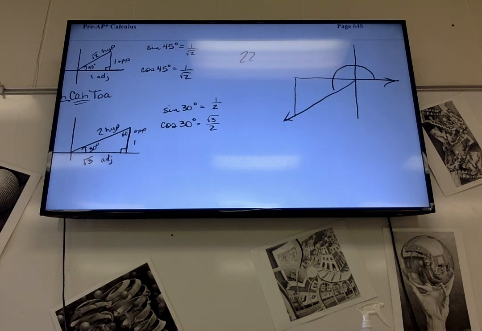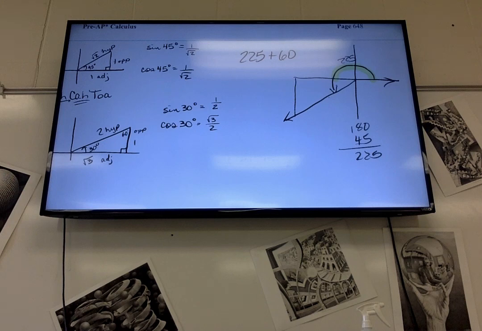Okay, if we do 225 plus what? Plus 60, okay? So if this is 225, what's the special right angle here? What's this reference angle? 45, yeah, because this is 180 plus 45 more makes it 225. 180 plus 45, yes, it's 225.